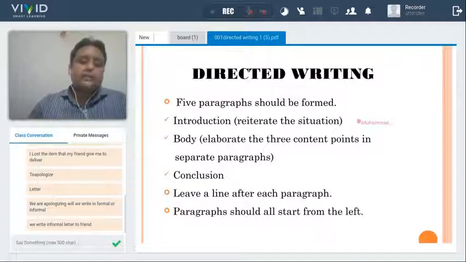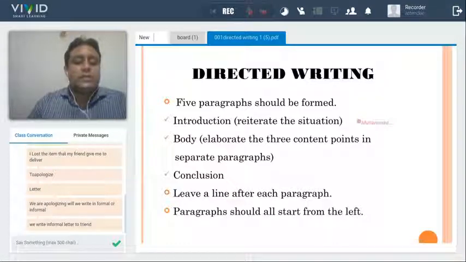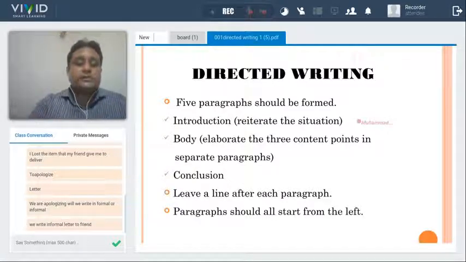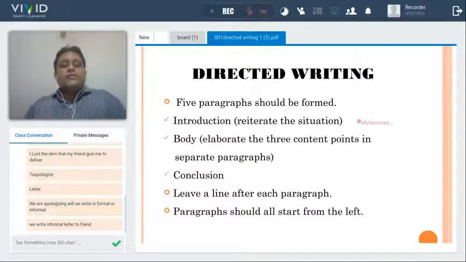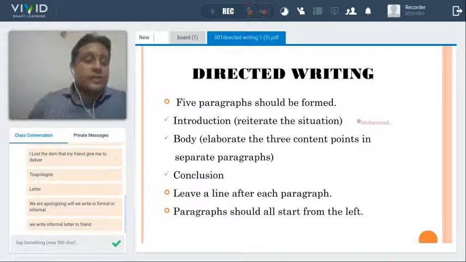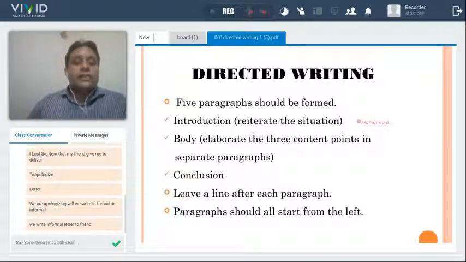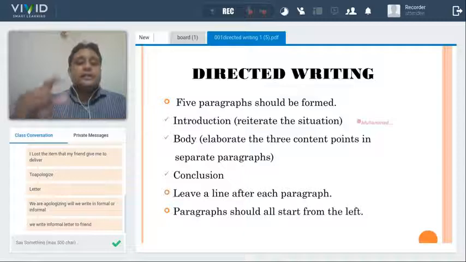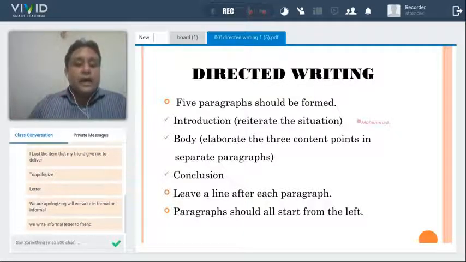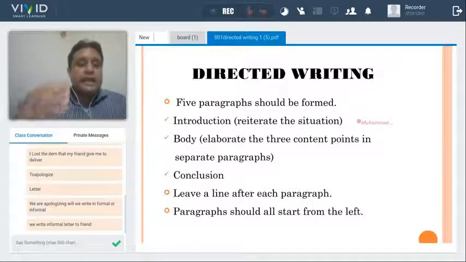In the introduction, if we write a letter, report, speech, or article, take a letter for example, we just read the sample question of a letter. If we start writing the introduction of this informal letter, in the very first paragraph, we are actually going to comment on the purpose and situation.